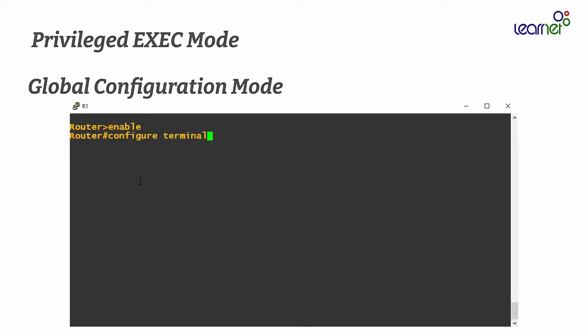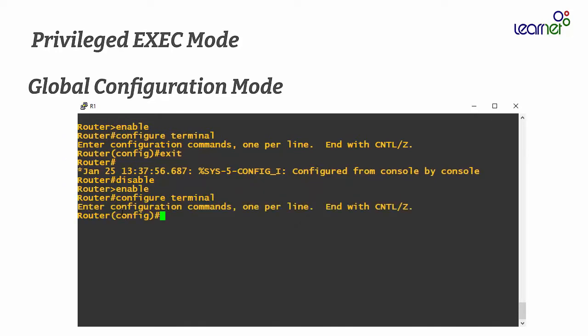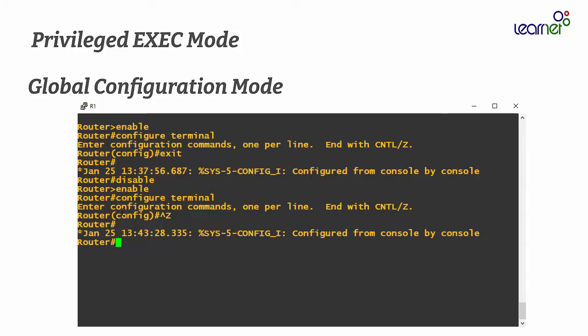To move backward from global configuration mode or any further mode, you can type the exit command. Exit will move you backward one step. To move from privileged to user mode, you have the other option as well, and that is the disable command. Ctrl-Z is a key shortcut that can move you from any further mode directly to privileged mode, no matter how many steps you have moved forward.